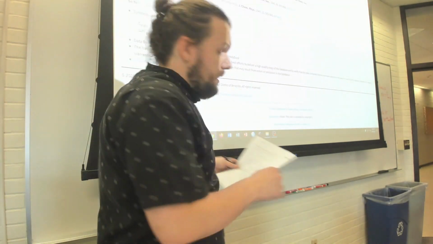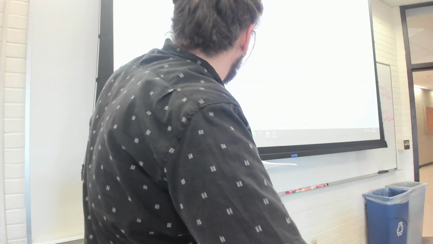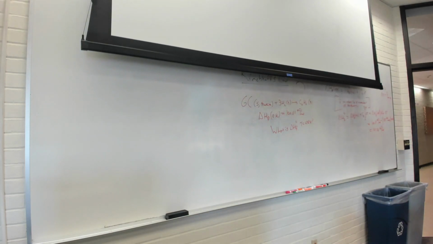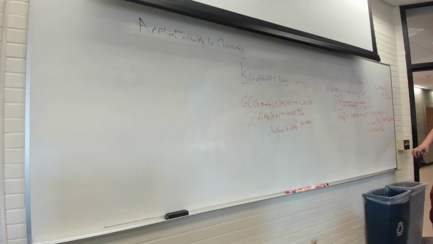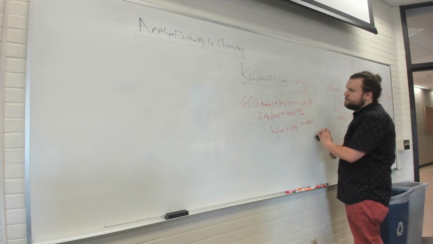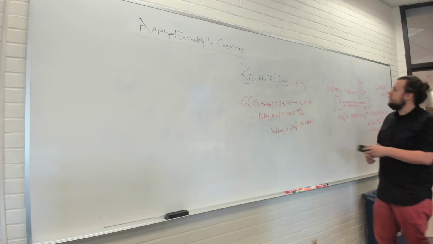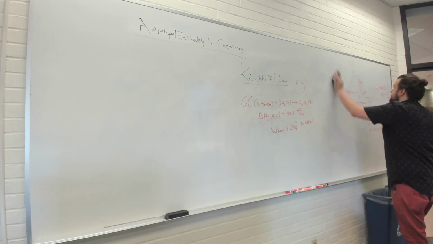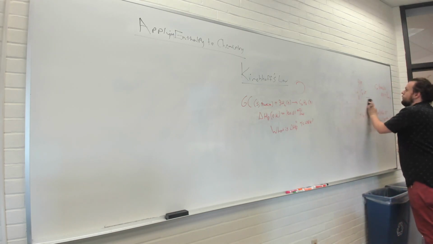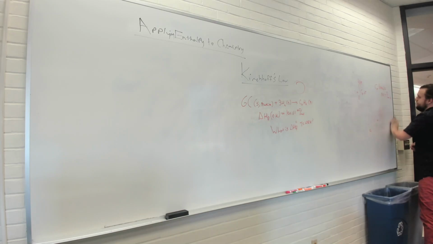So in fact, what happens is, just briefly, every species of molecule, or every atom, has some sort of temperature dependence to its heat capacity. So let me go ahead and erase this. And let me just write Kirchhoff's law one more time.